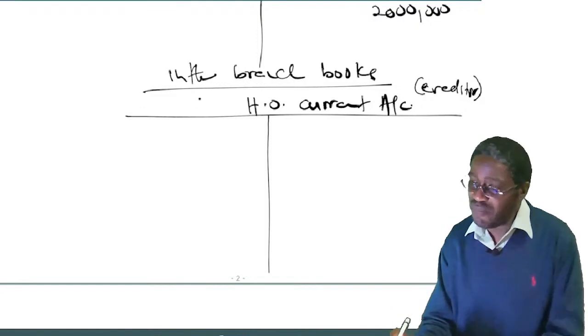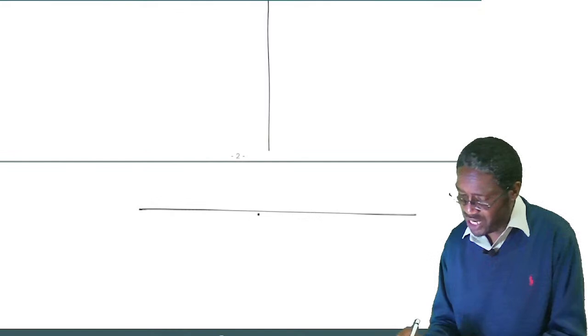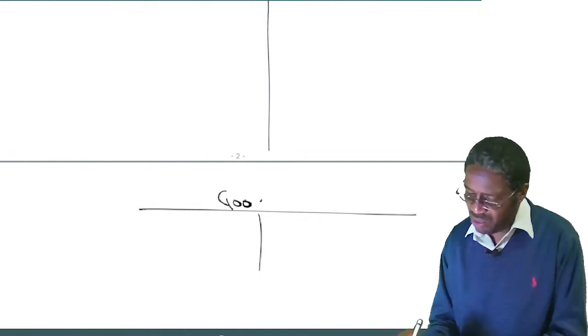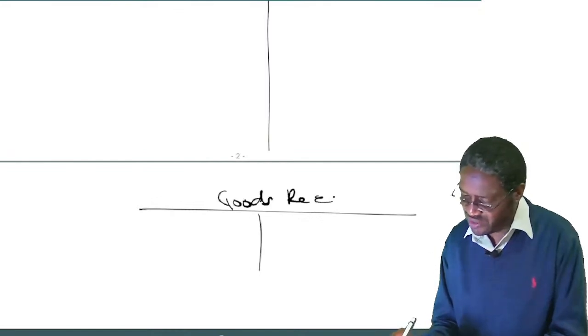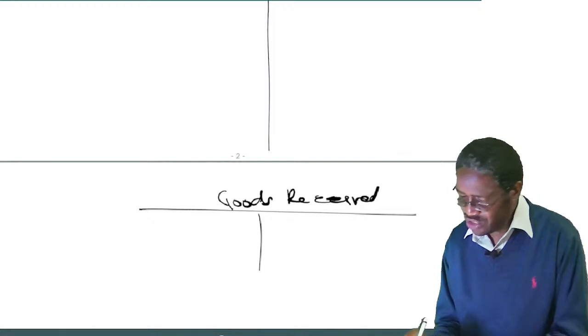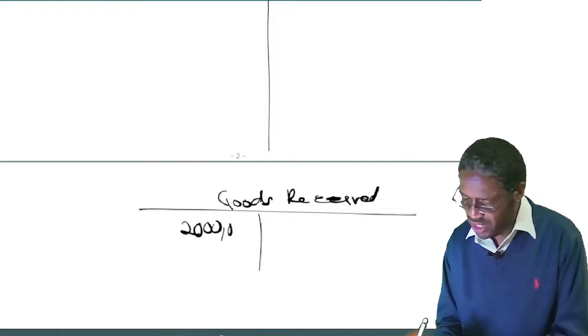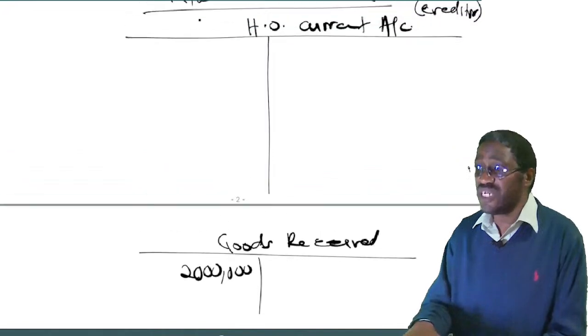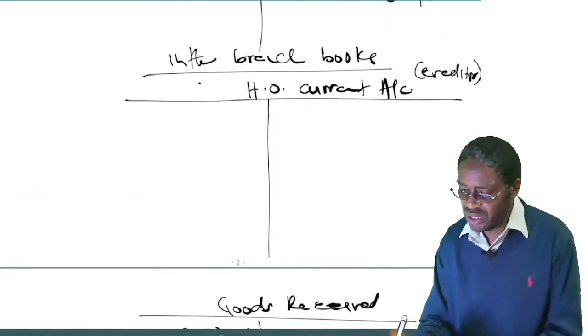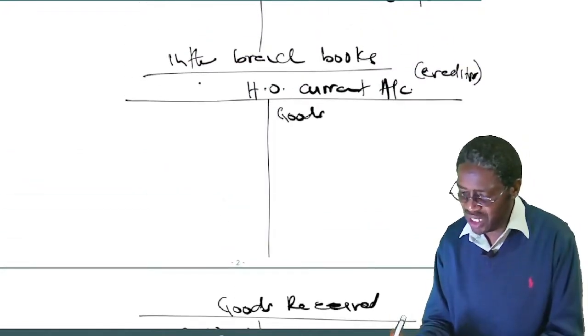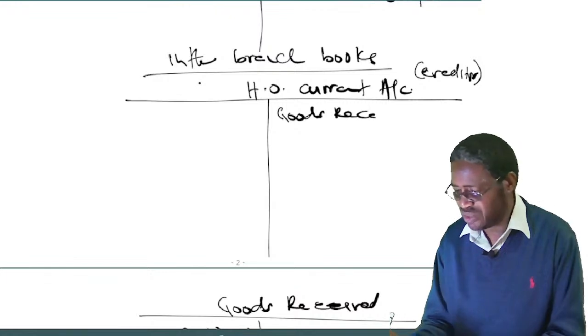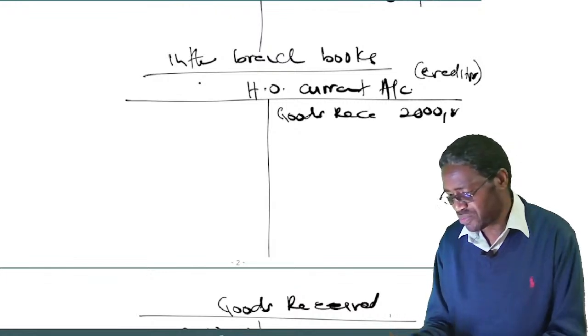So you will debit an account we shall be calling goods received. That's what we shall be debiting by that 2 million. And you will be crediting the account called head office current account, by that 2 million.